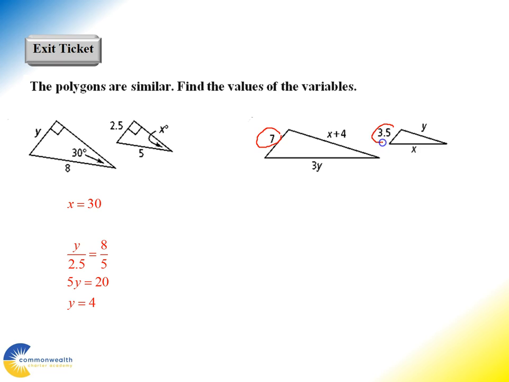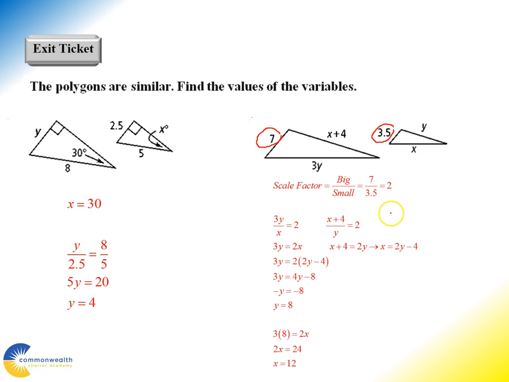So I'm going to want this ratio involved in both my calculations to make calculations a lot easier. So I'm going to do the 7 to 3.5 in both the ratios when I set up to find x and y.